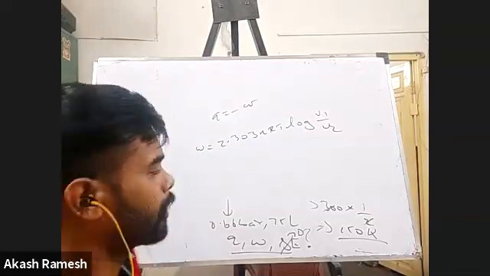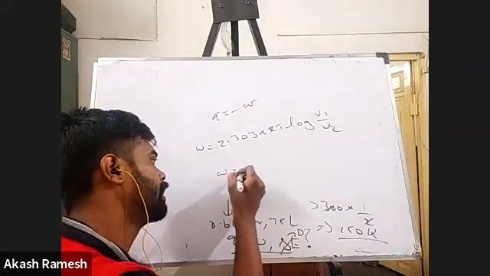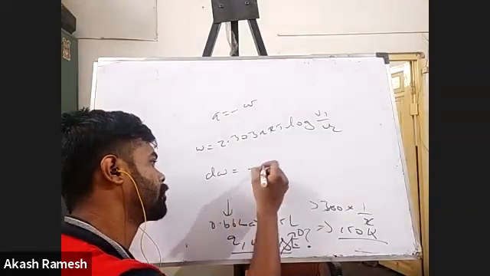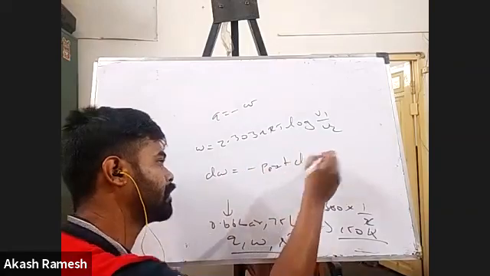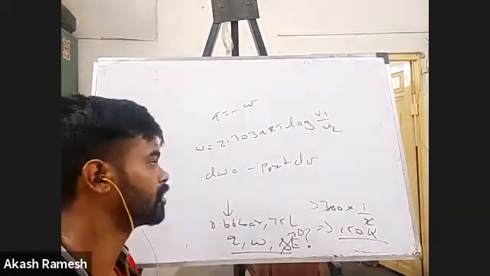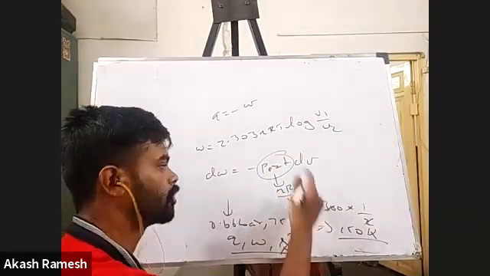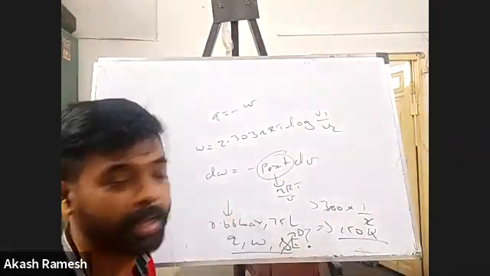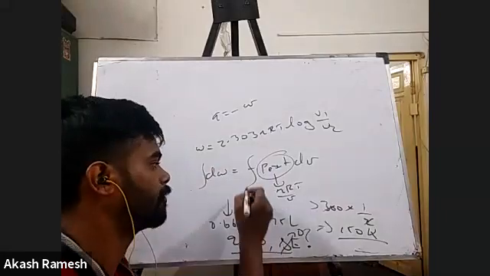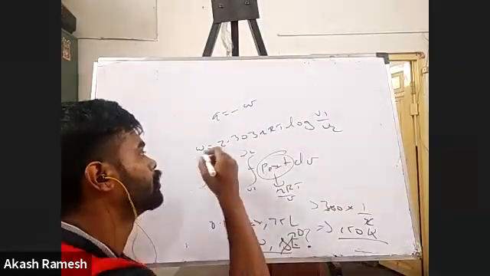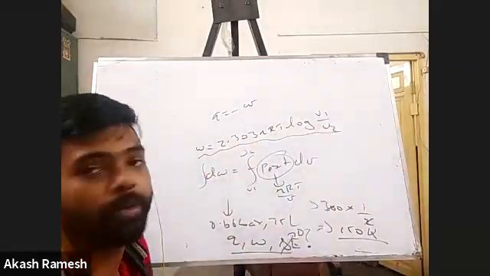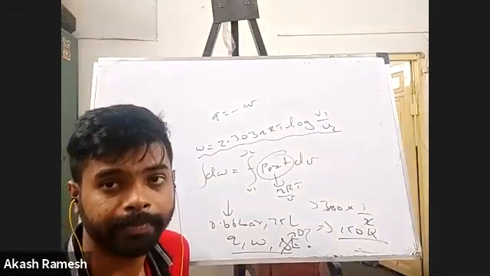We derived it by saying that dW is equal to minus P external dV. Since it's an ideal gas, I put my P external as nRT by V, so dV by V will come. So dx by x. If I integrate from V1 to V2, at the end I end up with this equation.